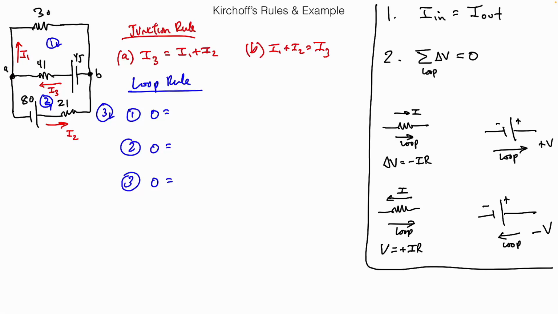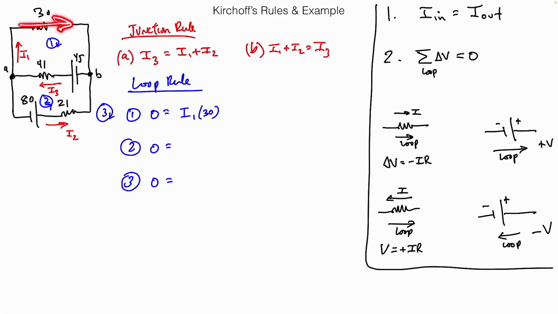And I have to decide, what is the voltage in that 30 ohm resistor? Well, if it's a resistor, the voltage is going to be the current times the resistance, right? The resistance, I already know what the resistance is. It's 30, right? But what current is in that branch? It's I1. But now what is the sign? Positive or negative? Now we look at the direction of the current and the direction that we are walking.